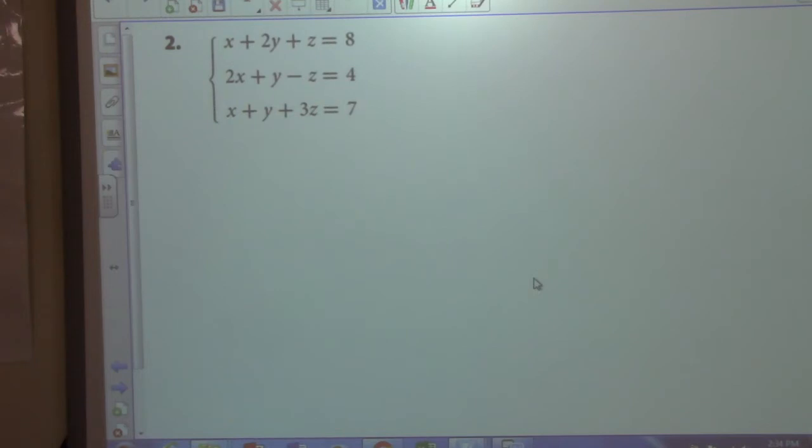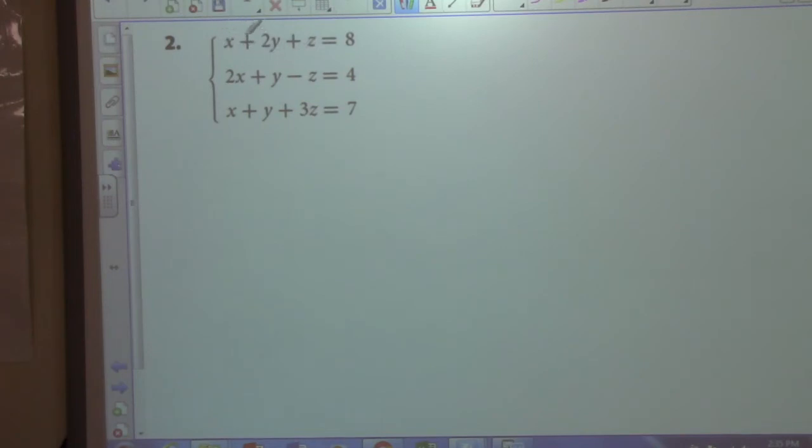So, the technique of solving by substitution has to do with getting 1 variable by itself first, and then just kind of working downstream from there. And so, what I'm going to do is I'm going to start out with this first equation right up here, and I'm going to solve this equation for x.